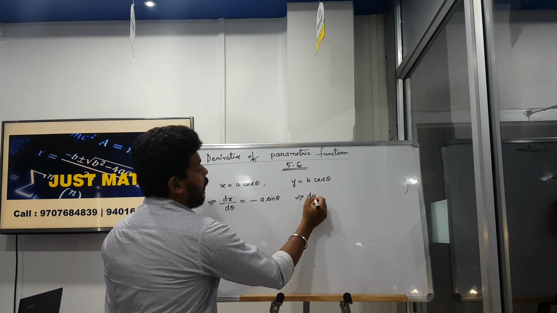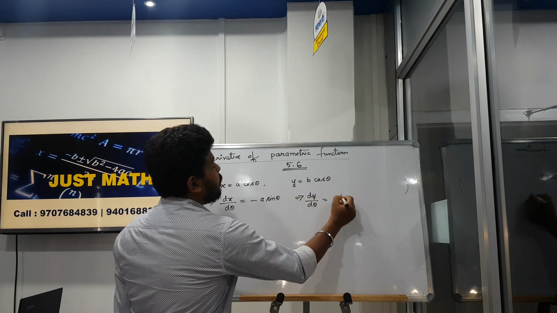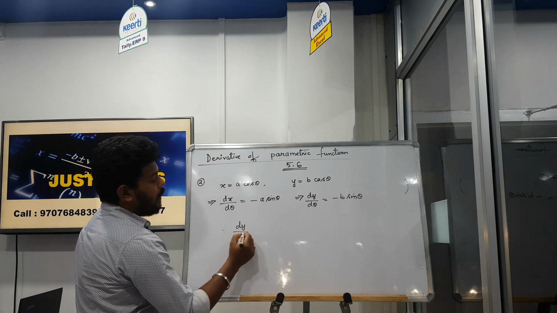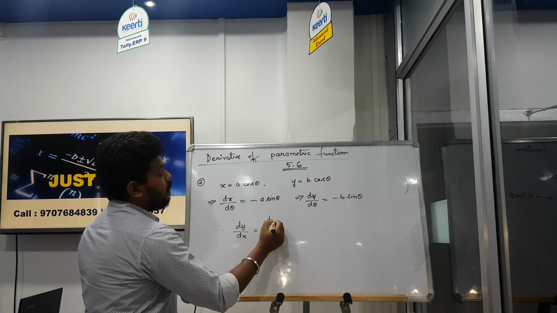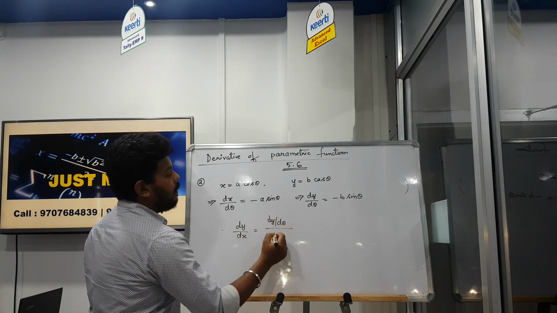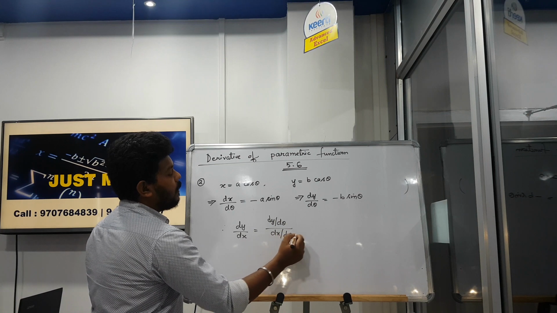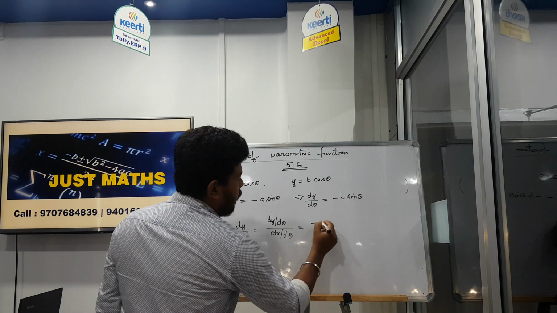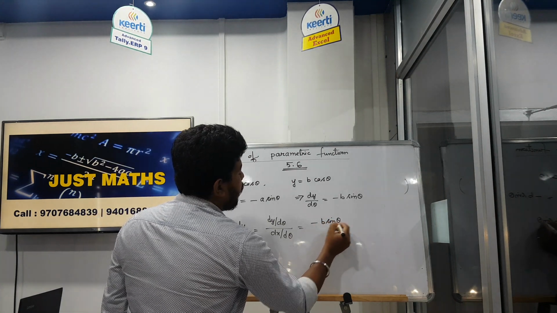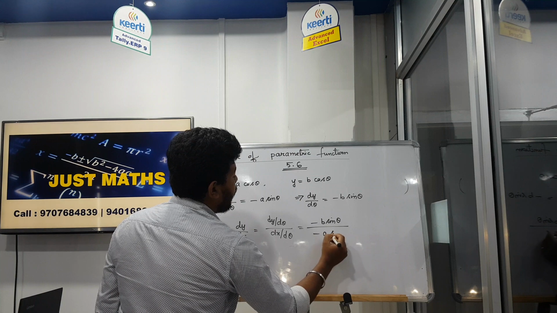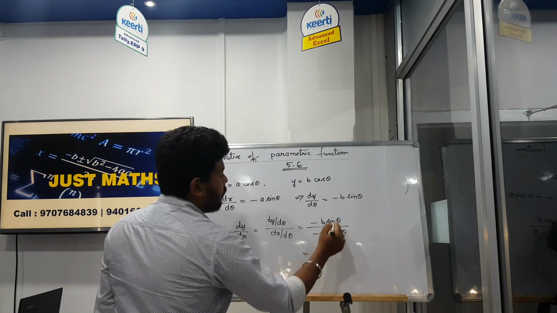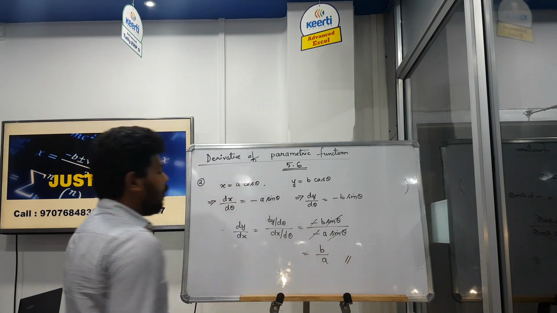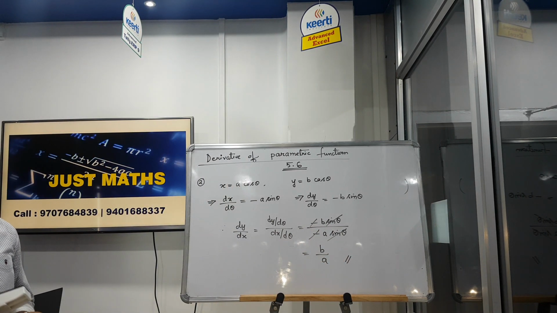Similarly, dy by d theta will be minus of b sin theta. Hence, your dy by dx is equal to dy by d theta divided by dx by d theta. Now, after placing these values, we get minus of b sin theta divided by minus of a sin theta. Sin cancels, minus cancels, it is b by a. This is your value of dy by dx. Simple question.